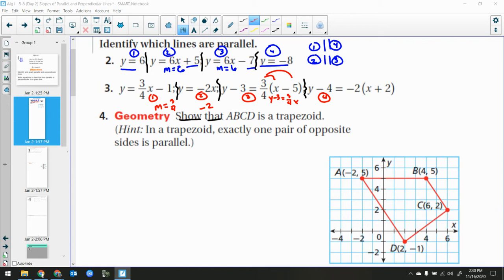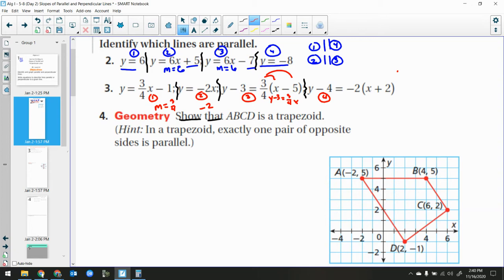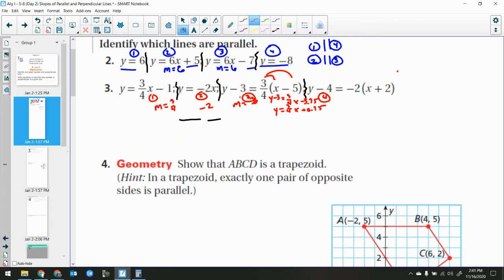And I'm going to bring up the calculator here. 5 times 0.75, 3.75 minus 3.75. And then when I add over the 3, y is equal to 3/4 x plus 0.75. I'm going to do the same. So that means my slope here is 3/4. I'm just going to move that down a little bit. Again, the slope here is 3/4.